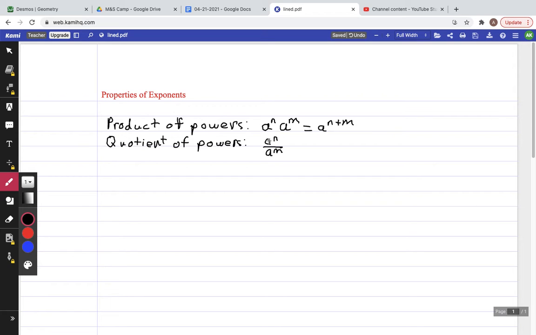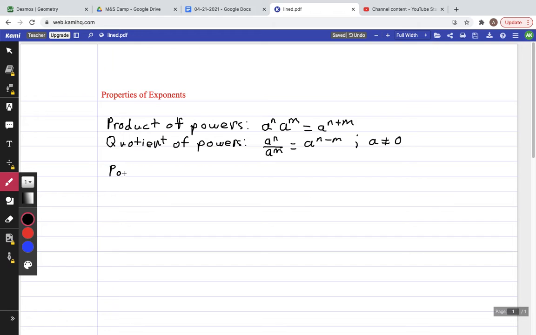If I have the same number, if I have a number to two different powers and I am dividing them, and that number does not equal 0, then I can subtract the exponents. And as I said, the big thing is a cannot equal 0.